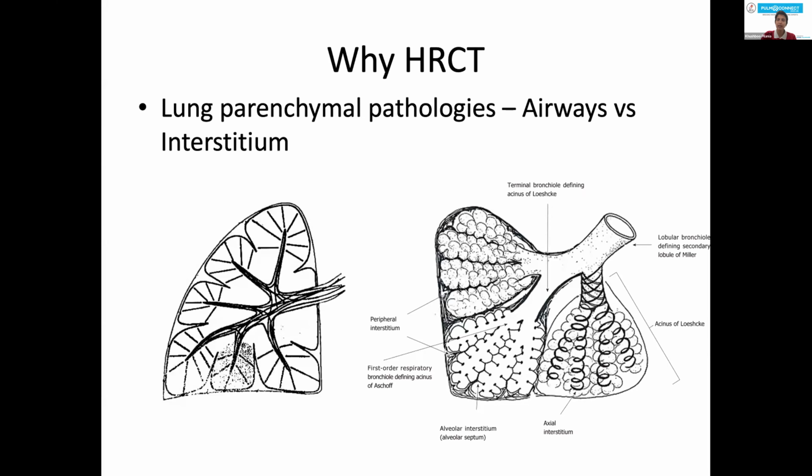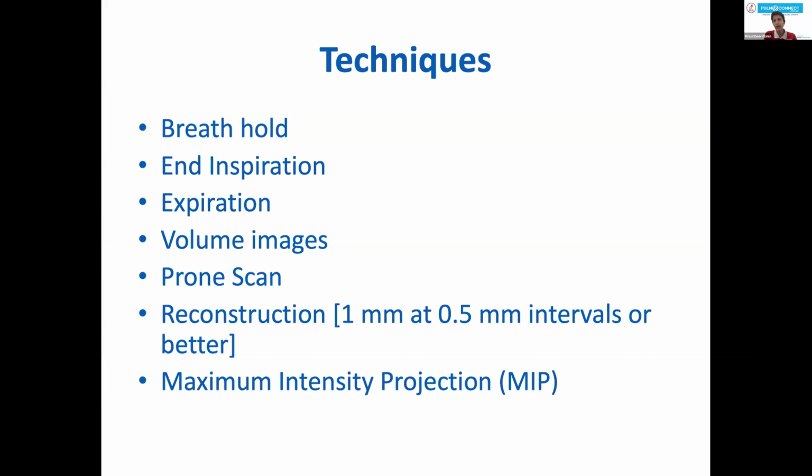Over time we've realized that lung parenchyma is a very intricate structure with very meticulous details, thin septae, thin alveoli, and we will not be able to image them in detail unless we do this high resolution imaging. Apart from doing the high resolution scan, the technique is also very important.